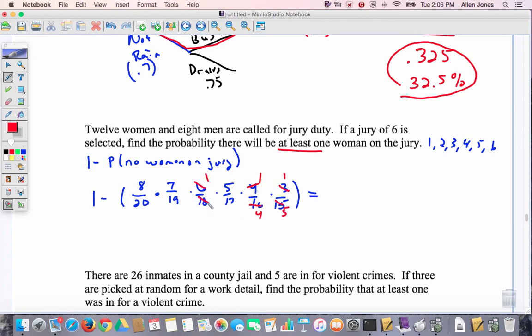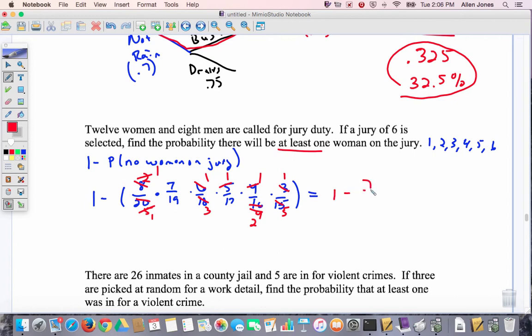We could do some canceling in here. Let's do the easy ones here. I have a 1 and a 4. I have a 1 and a 5. I have a 1 and a 3. I have a 2 and a 5, both being divided by 4. As we continue on, it looks like the 5s could also cancel here and here.